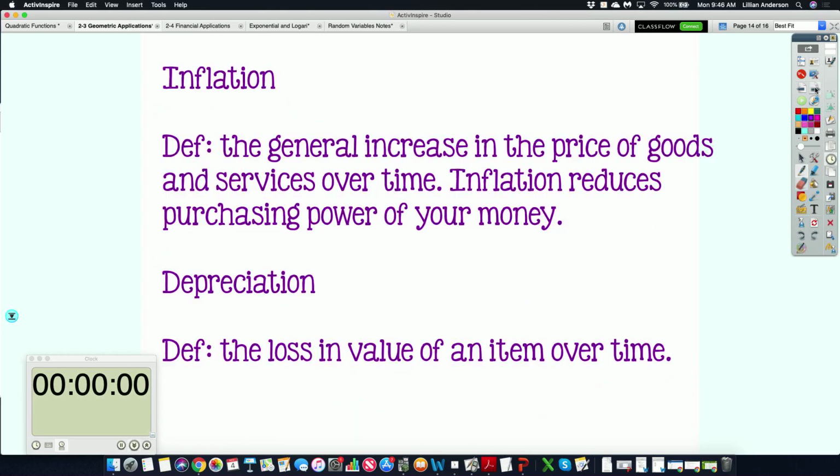Okay, so 2 things that are very common in geometric sequences in the real world are inflation and depreciation. These are 2 things that are main in our world. By definition, inflation is a general increase in the price of goods and services over time. Inflation reduces your purchasing power of your money.